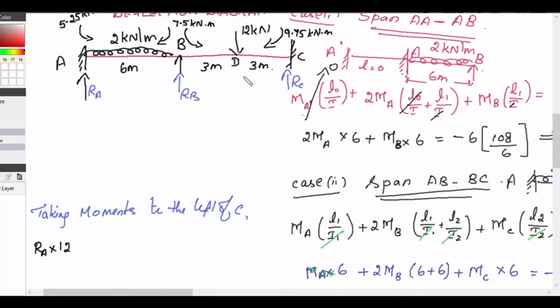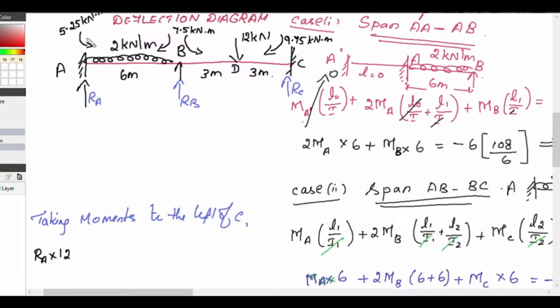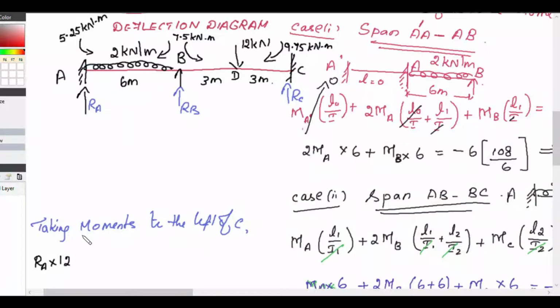So to the left of C, RA into 12 is positive, that is, left clockwise is positive. Now we have a moment here, that is 5.25. That is left anti-clockwise, negative, minus 5.25.